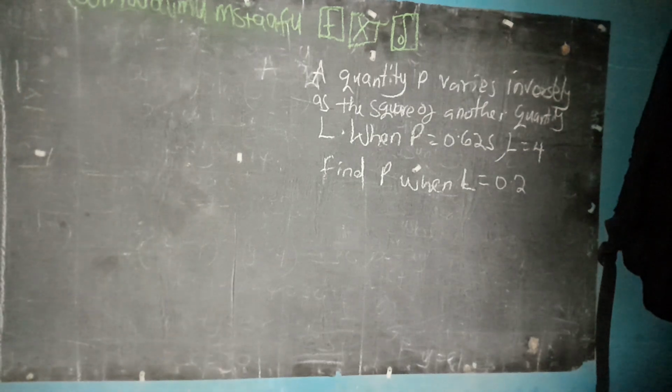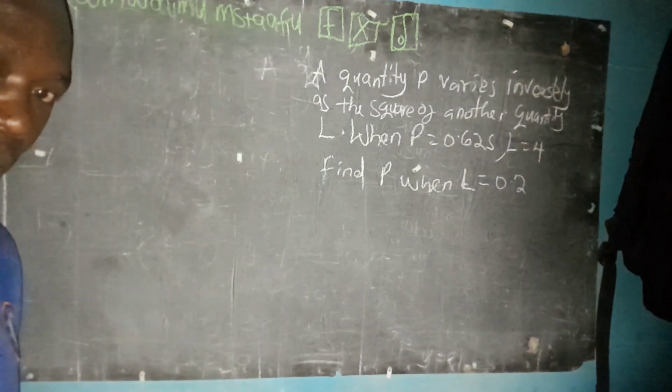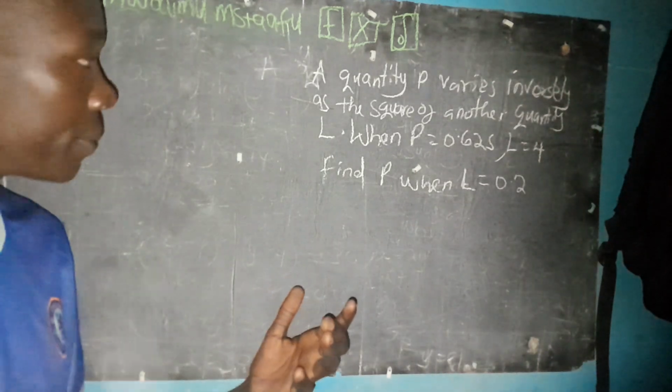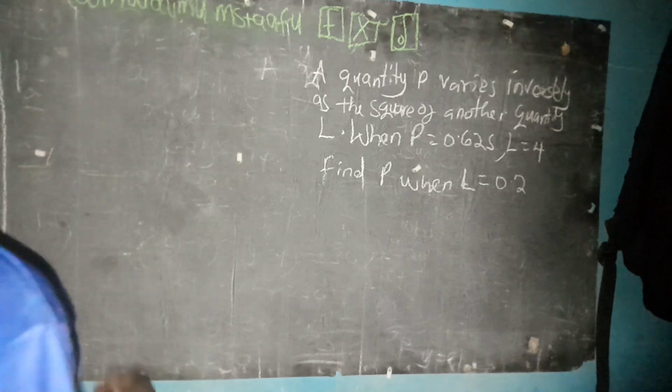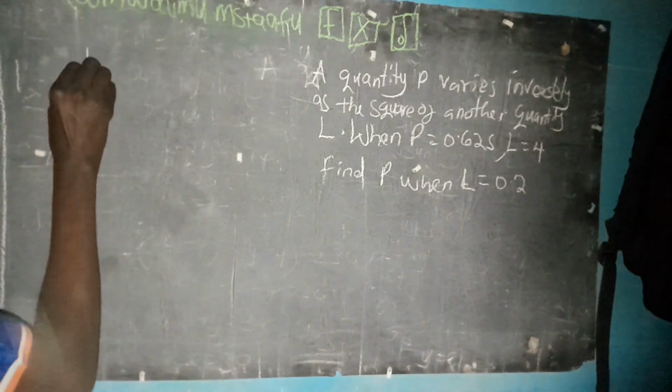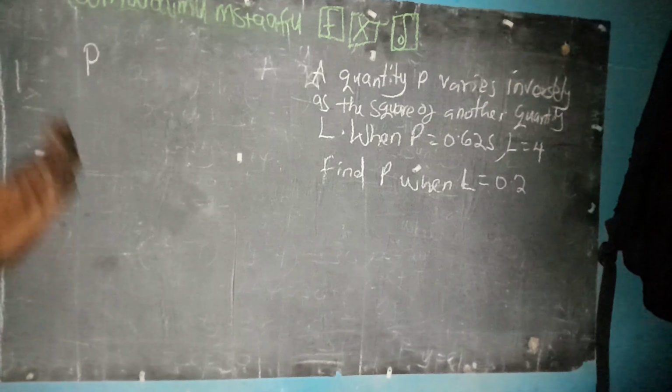So, in variation, when a quantity is varying inversely as another, let's make it short. For example, let's say the quantity P, as we've been told, varies inversely. Inverse means something 1 over something. Like we want to find the inverse of P right here.